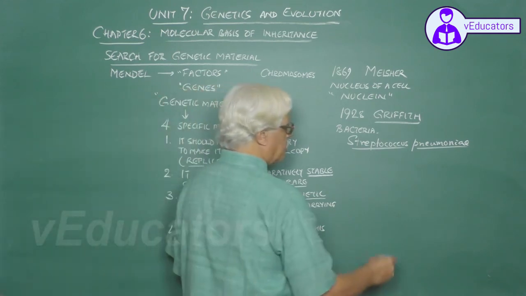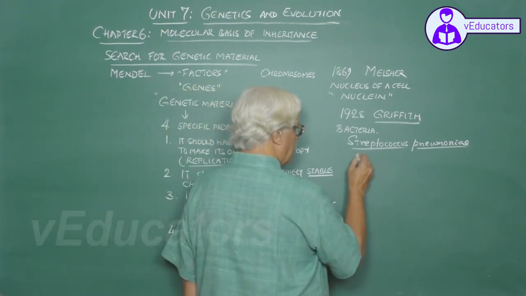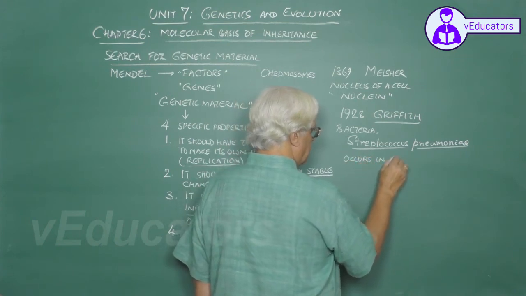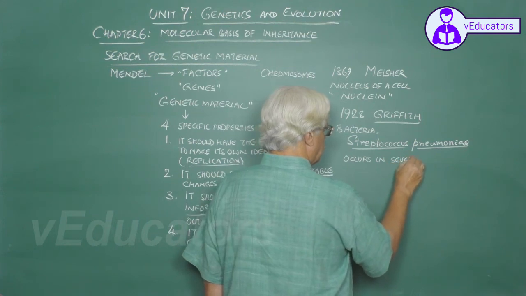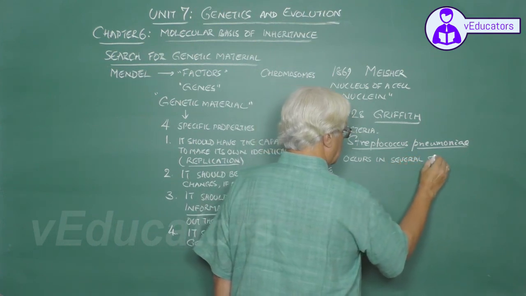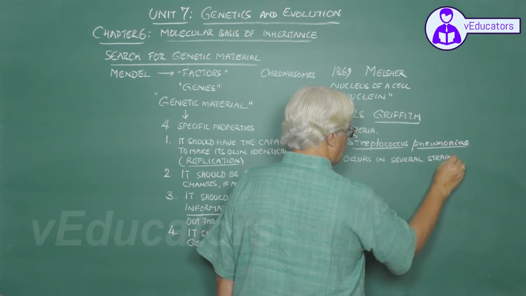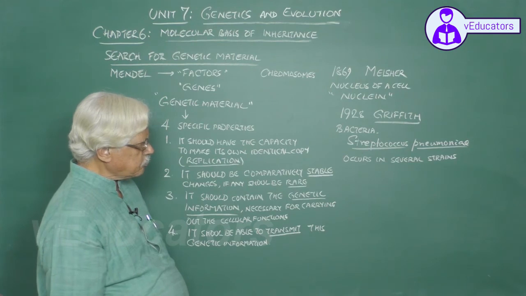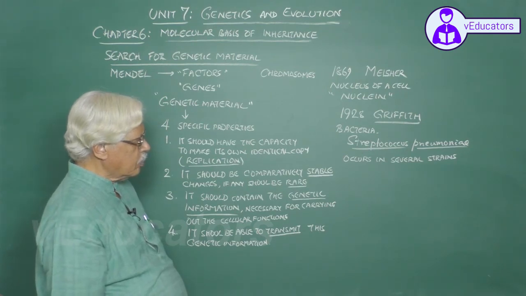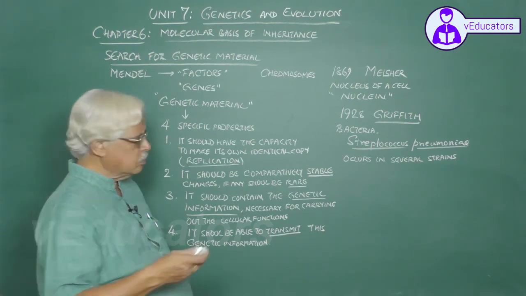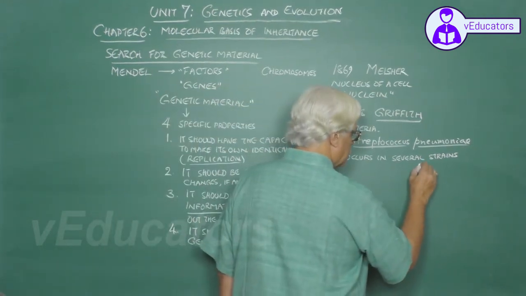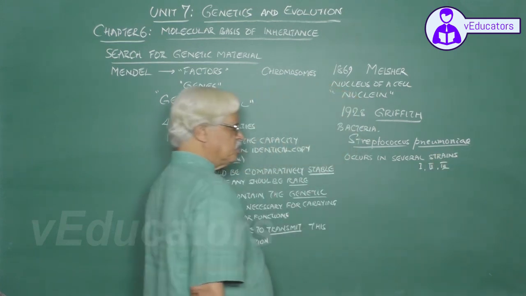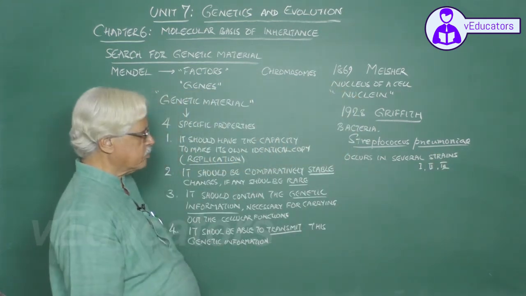This bacteria, Streptococcus pneumoniae, occurs in several strains. These strains are called strain 1, strain 2, strain 3 and so on.